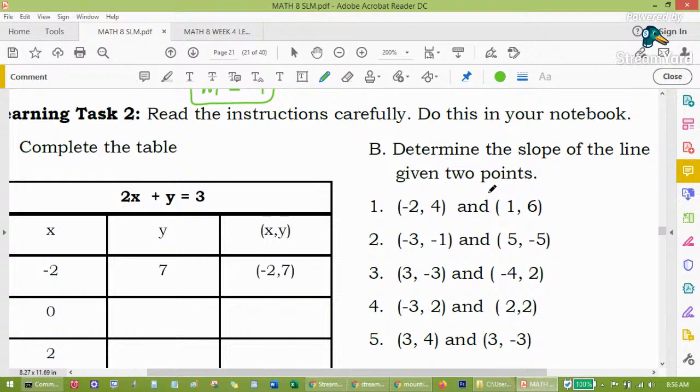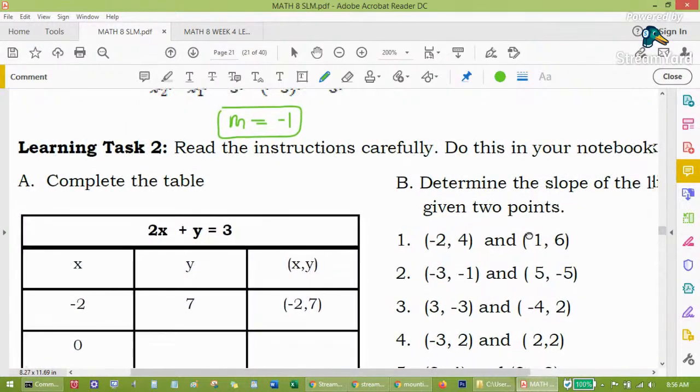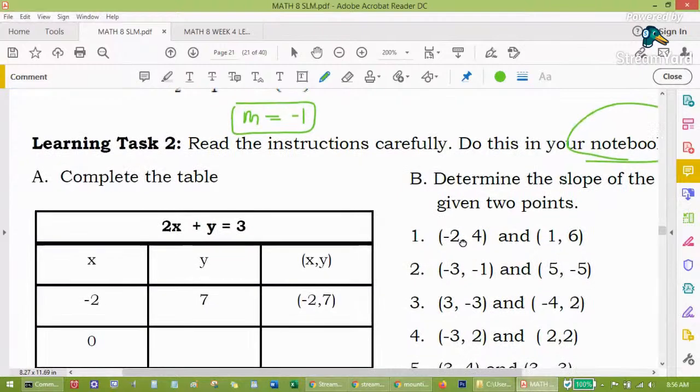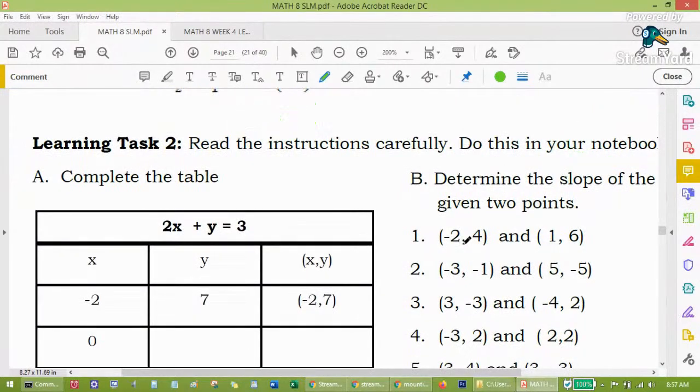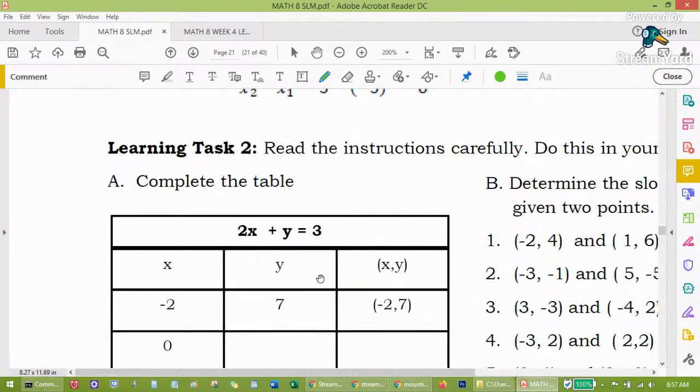So, yung mga magsasubmit sa school ng activity, dalawa ang susulat ninyo, isa sa notebook, and then yung isa is sa intermediate pad. And then yung notebook, hindi isasubmit sa school, yung intermediate pad ang isasubmit.